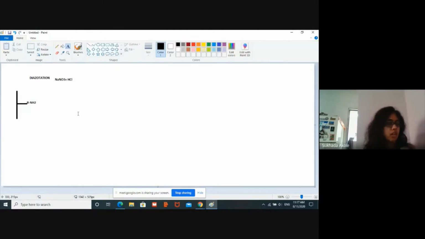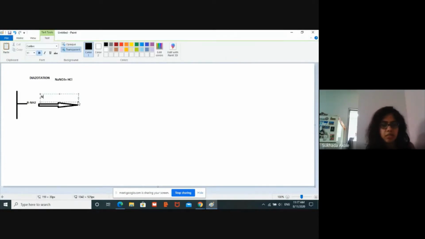So the inert matrix has to have an amine group for diazotation. Then we treat it with NaNO3 and HCl.